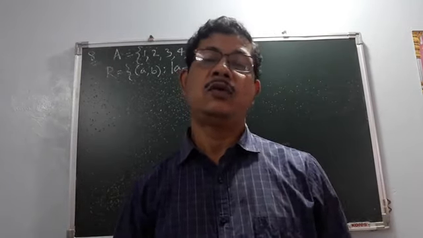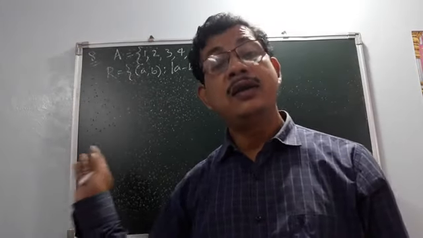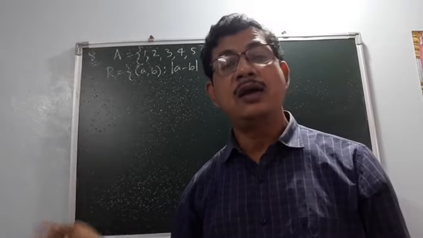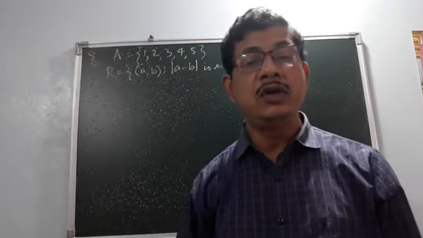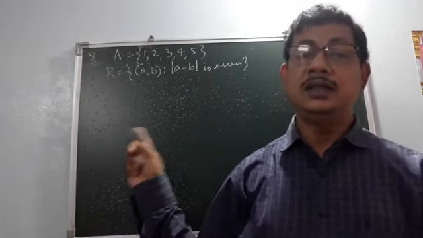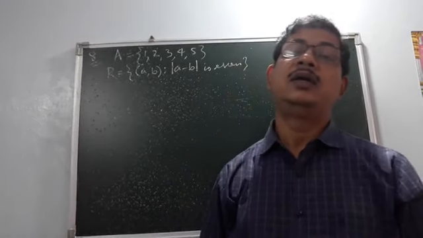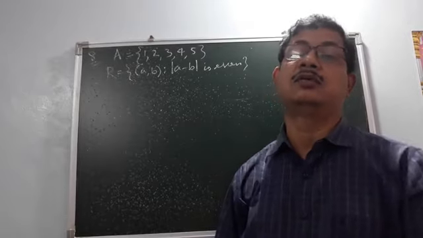Remember, if we consider 0, we will consider 0 here as an even number. 0 is neither positive nor negative, nor odd nor even, still in this case we will consider 0 as an even number. We have to do this sum keeping this concept.